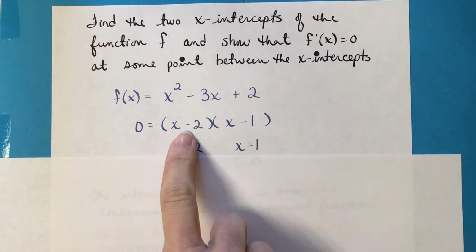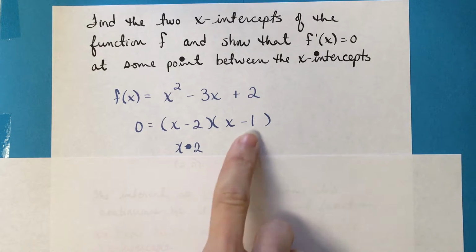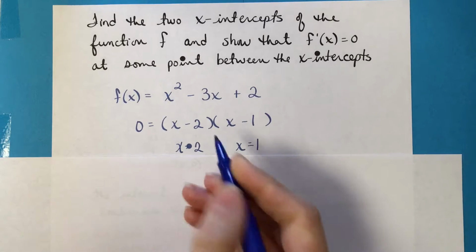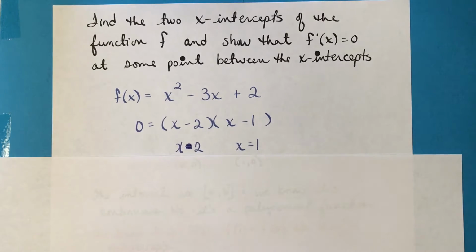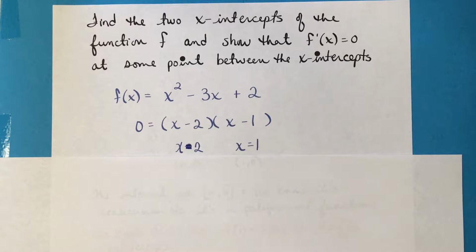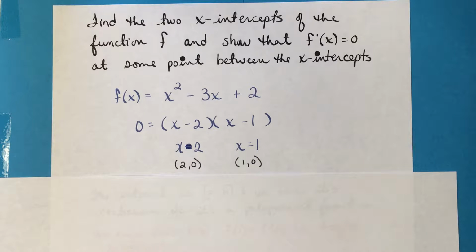So you solve your first factor, you're going to get x equal positive 2. Those random dots, remember, just show up when I print them off. Then if you solve x minus 1, you get x equal positive 1. So that would be the location of the two x-intercepts, the point (2, 0) and the point (1, 0).